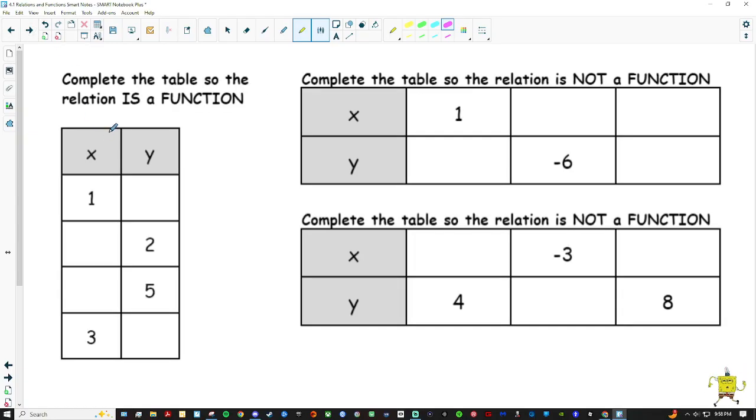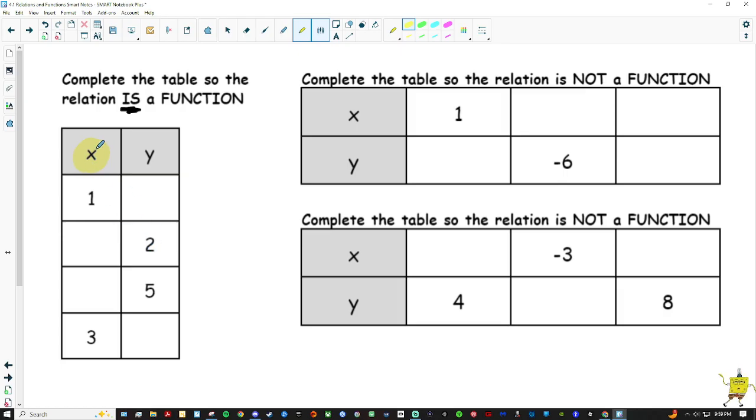Okay, the last type of problem we are going to do is a super popular OST question. It's going to ask you to complete a table and turn it into a function, or make it not a function. Okay, so our first question has 1, 2, 3, 4 blanks, and we can put in any number we like. So it says, complete the table so the relation is a function. So, to make a relation a function, all we care about is the x values.